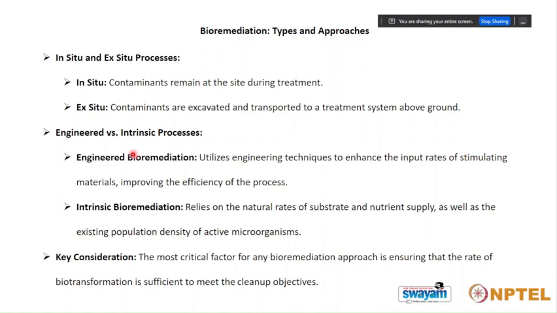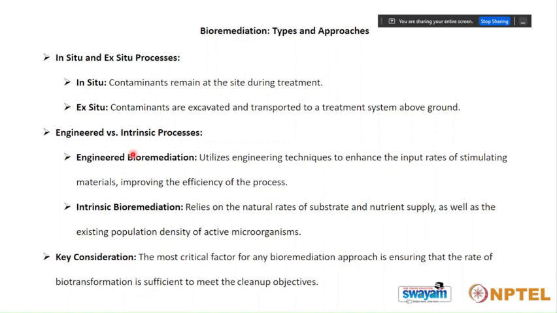Other than that, again, these bioremediation processes can be classified into engineered and intrinsic processes. In engineered bioremediation process, different engineering techniques will be used to enhance the bioremediation process. And in intrinsic bioremediation, we won't be using any external entities to enhance the bioremediation process.